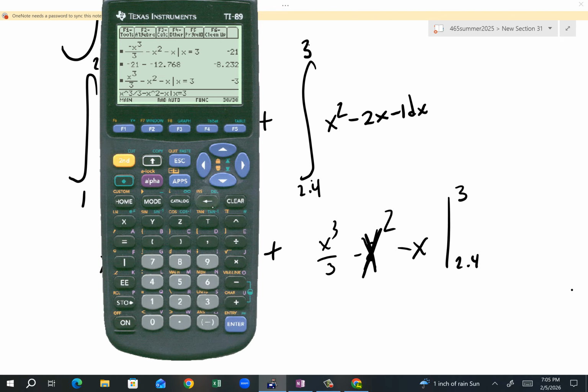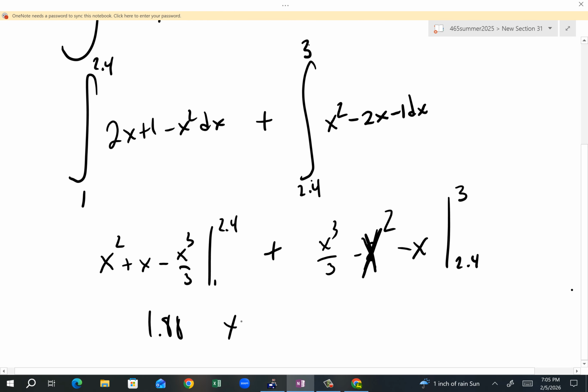Again, that should not come out to be negative because we did top minus bottom. So you take negative 3 minus a minus, and lo and behold, I get 0.552, which is about 2.3. You with me? Roughly.